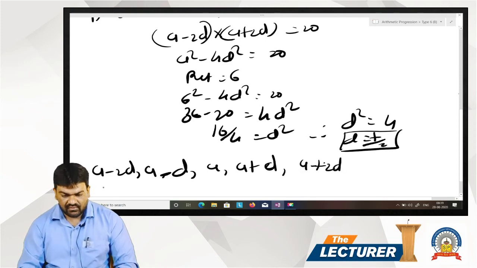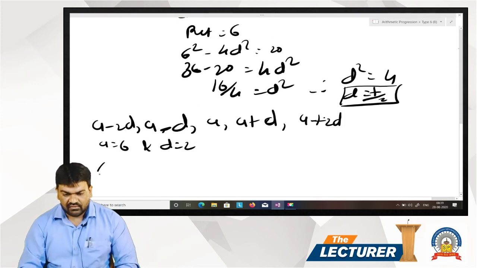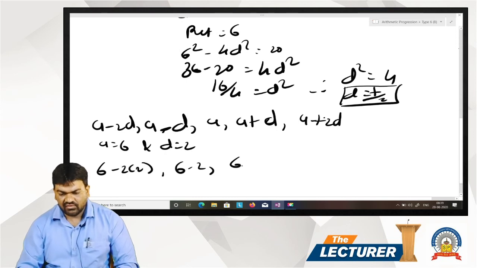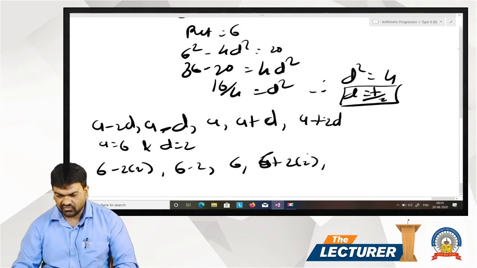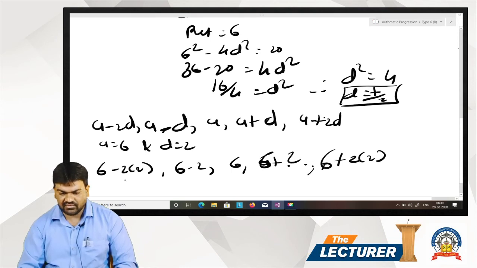What is a? a is equal to 6 and d is equal to, first of all, 2. 6 minus 2 multiplied by 2, 6 minus 2, 6, 6 plus 2, and last 6 plus 2 multiplied by 2.